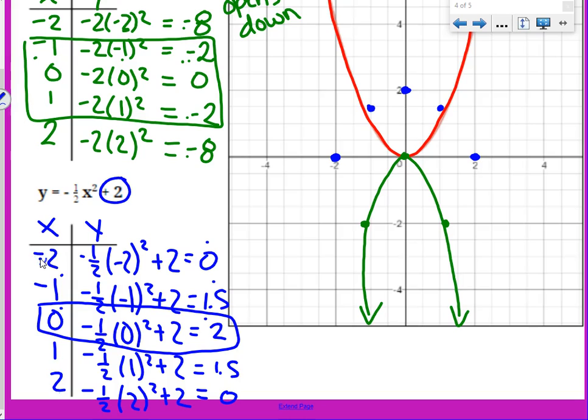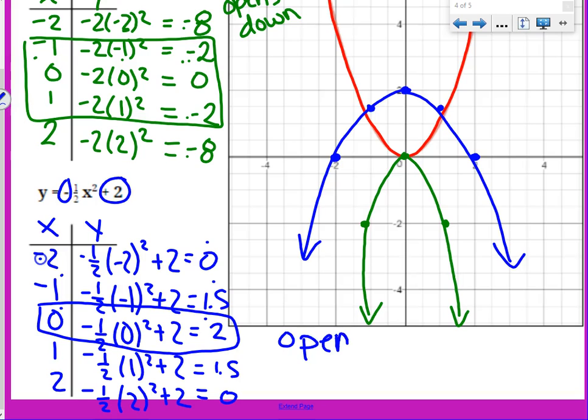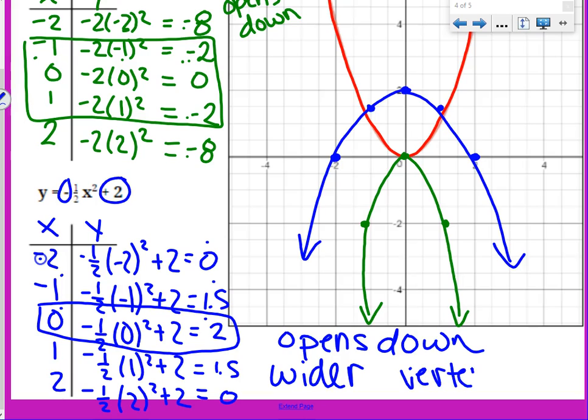So if we look, again, the parabola is opening down because of that negative first term. So if we're comparing it to the red graph, we have opens down. It's also wider than the red graph. And its vertex is different. It's not 0, 0, it's 0, 2.